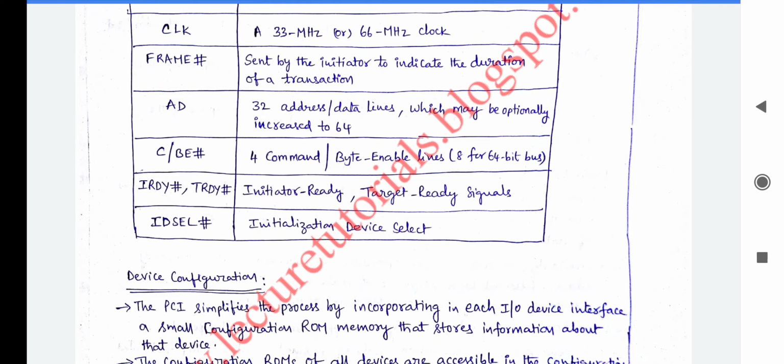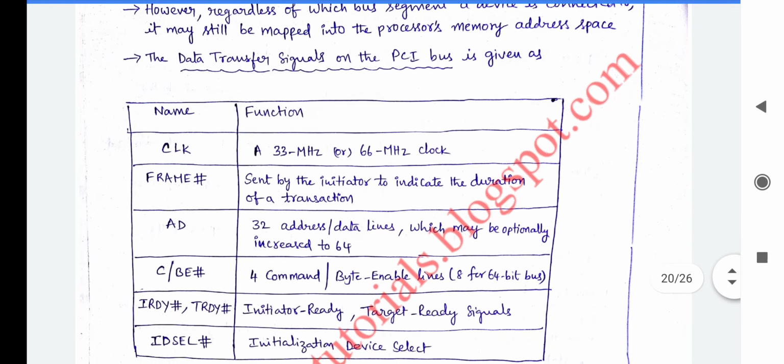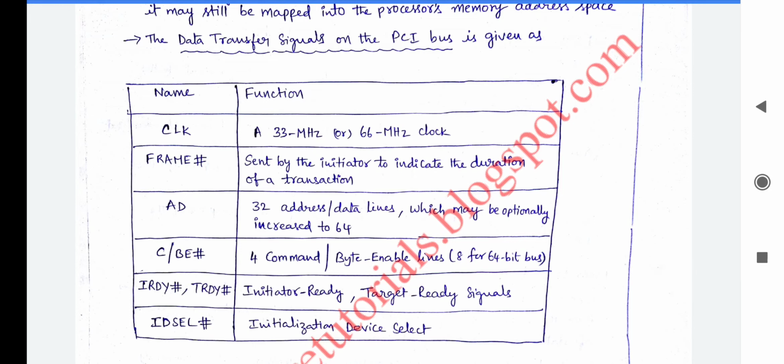Next, IRDY and TRDY, initiator ready and target ready signals; RDY means ready. IDSEL, initialization device select. These are the signals which are used in the PCI bus.